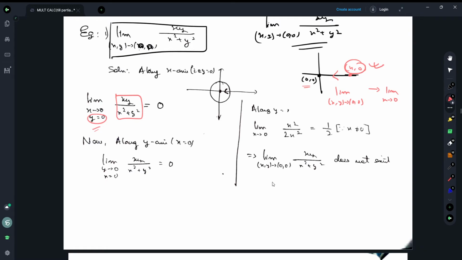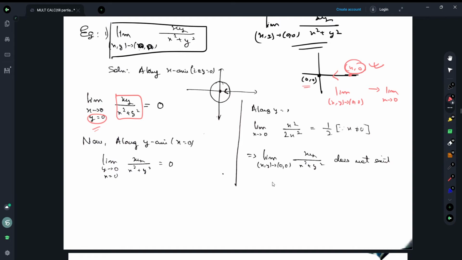So as y is fixed to be 0, we just have a point with an abscissa which tries to reach (0, 0), and when we do so, this becomes a function where only one of the variables is trying to approach a given point, the other one is fixed. Got it? So in this case, we get the value of the function to be 0.